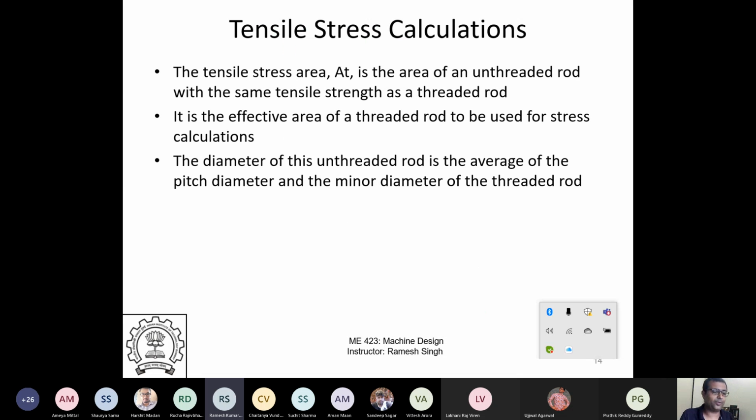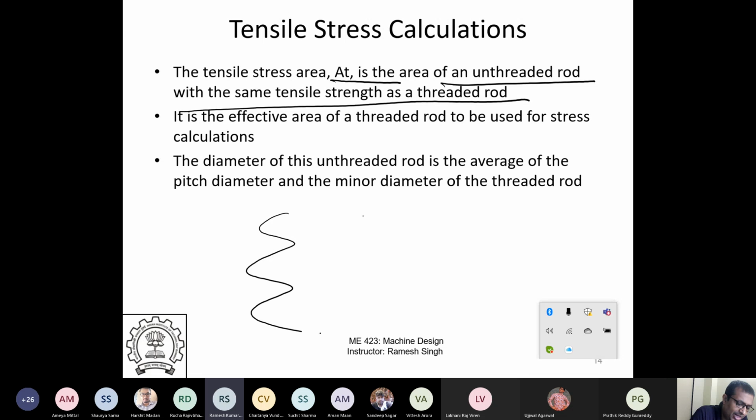So tensile stress calculations. If I have a threaded rod, we talked about this a little bit, but the tensile stress area AT is the area of an unthreaded rod with the same tensile strength as the threaded rod. Because if you have threads, the diameter varies, so I have to get an equivalent AT.